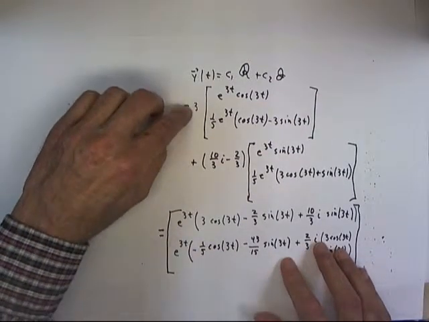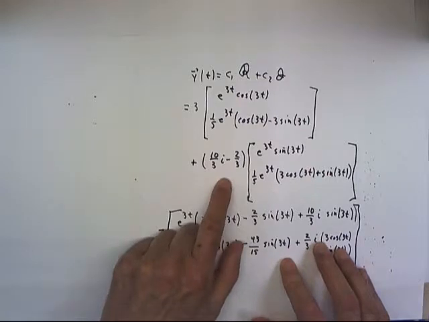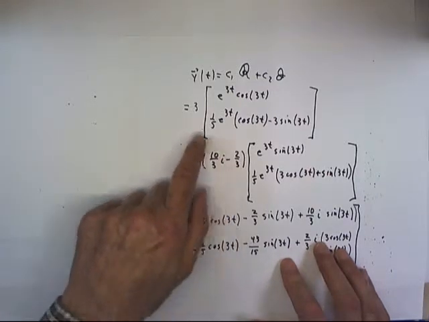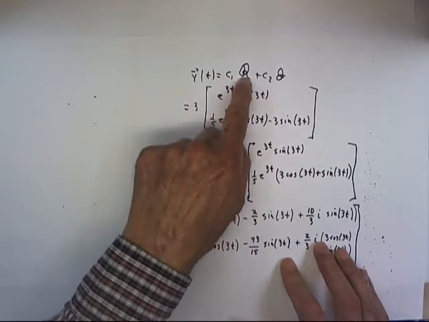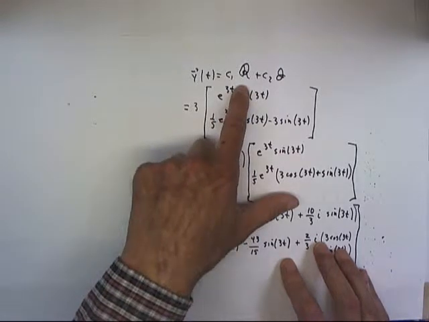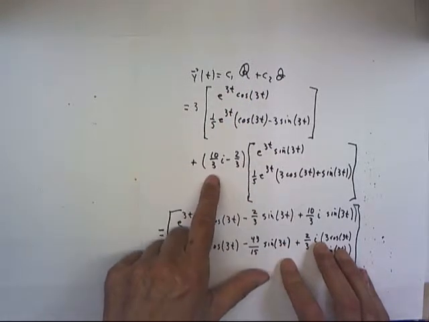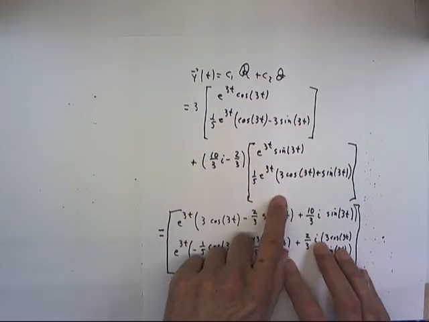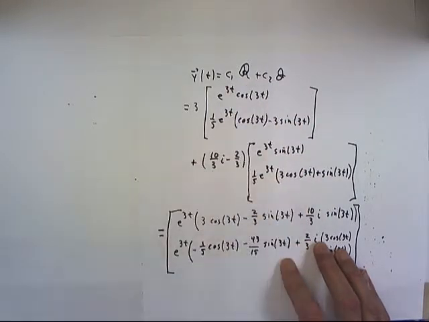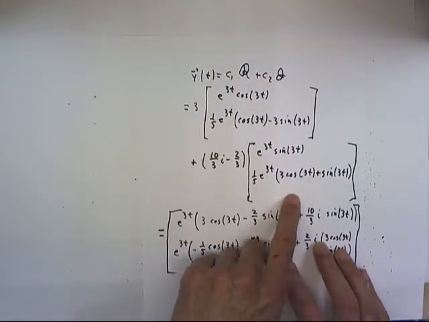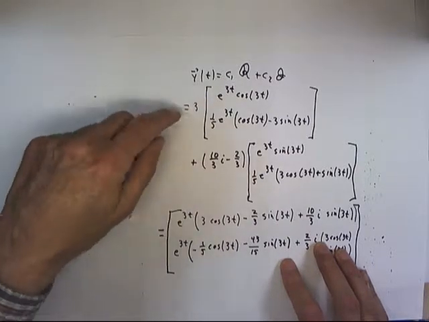So again, C1 being 3, C2 being 10/3 i minus 2/3, C1 times the real part and C2 times the imaginary part of our first solution gives us this.